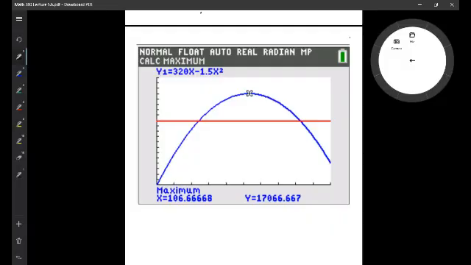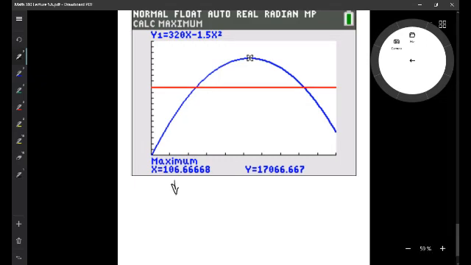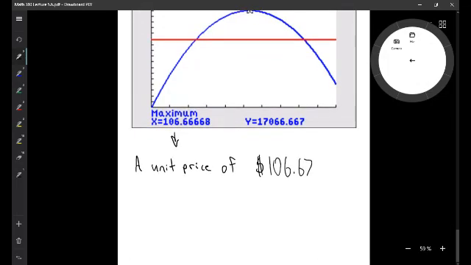So we see here that a unit price of $106.67 maximizes revenue.